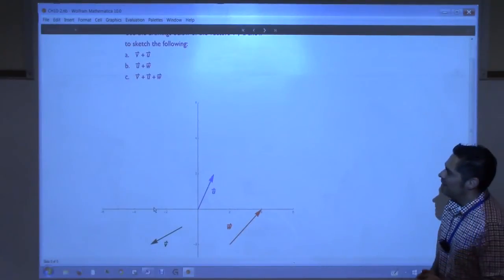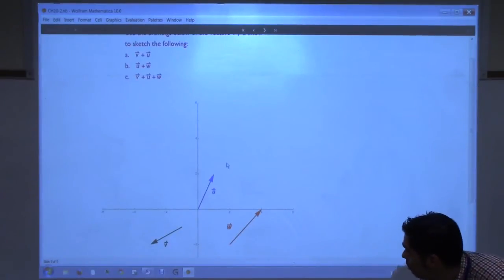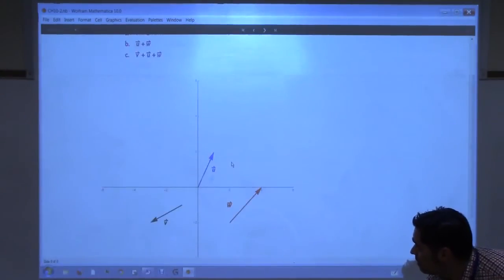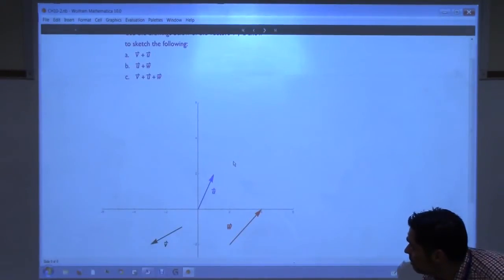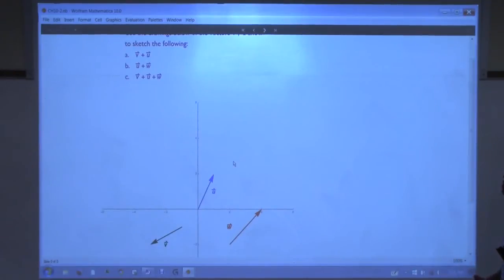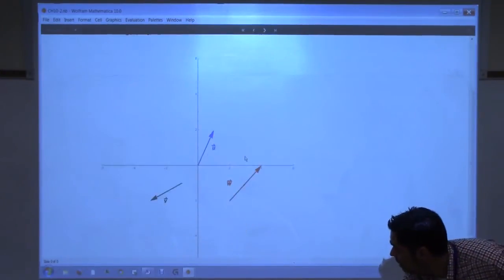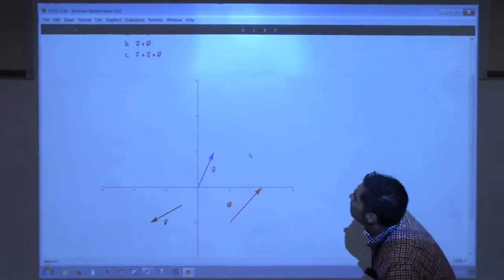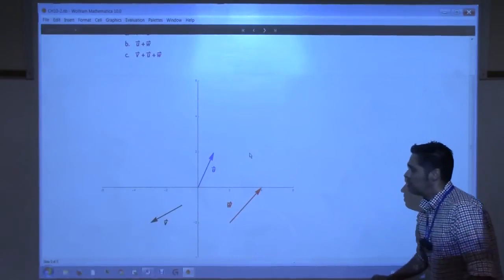All right. So we were talking about vectors last class, and in this example, we're asked to find v plus u, u plus w, and then v plus u plus w. I'm just going to work these on the board. So let's do v plus u first.